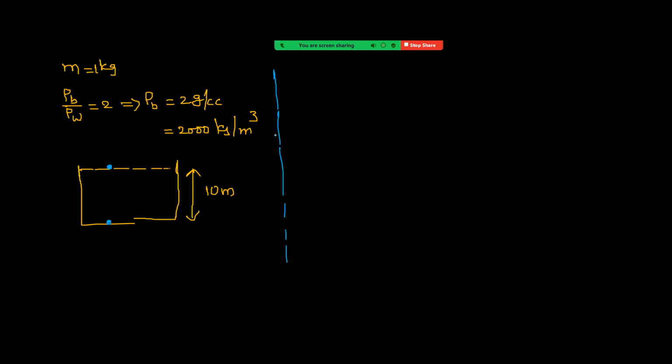Okay. So let me calculate the net force. F net is equal to mg, that is weight, minus buoyancy force. Buoyancy force B, mg means volume into density of body into g.